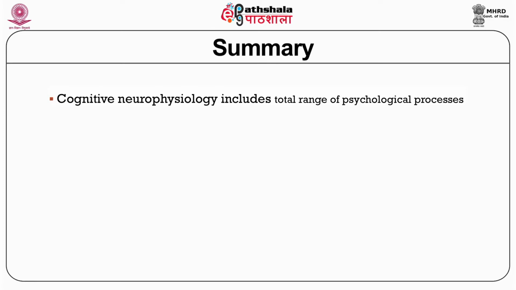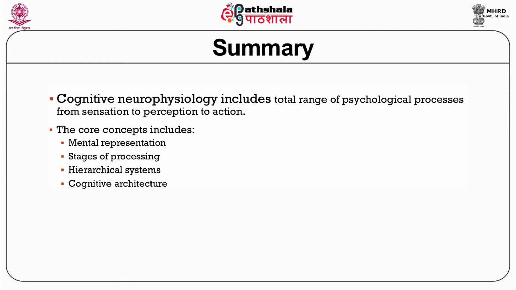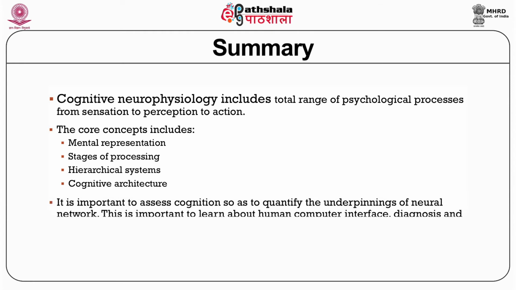So with this, I would like to summarize my lecture. Point to be remembered is cognitive neurophysiology includes total range of psychological processes from sensation to perception to action. Then there are certain core concepts which includes the mental representation, the stages of processing, the hierarchical system, and the cognitive architecture.